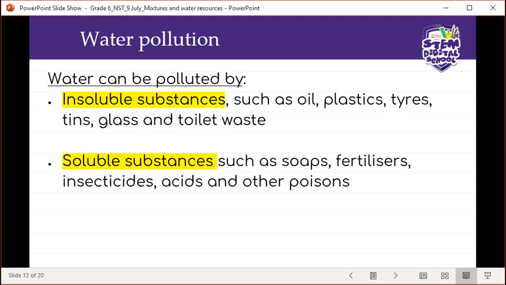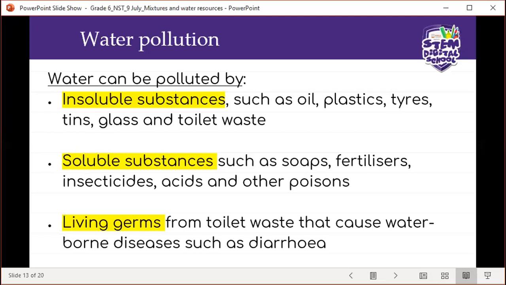And then the next thing that also pollutes water is what we call soluble substances, all right? Soluble substances such as soaps, fertilizers, insecticides, acids, and other poisons, all right? So these pollute the water we drink or even the water, sorry, that we use.